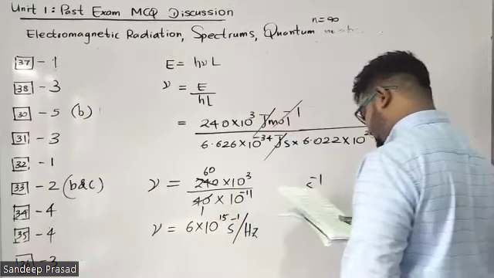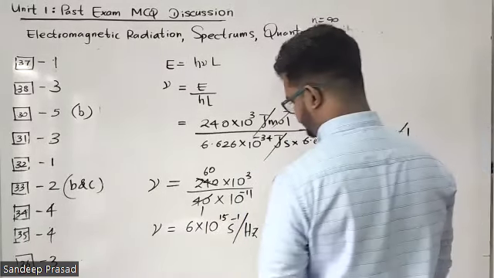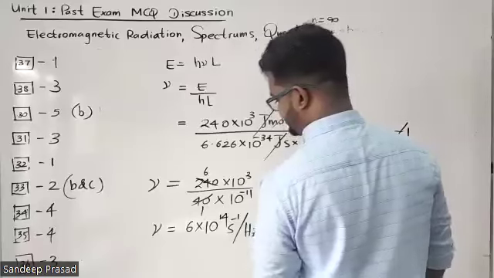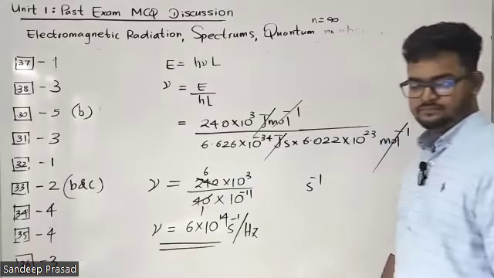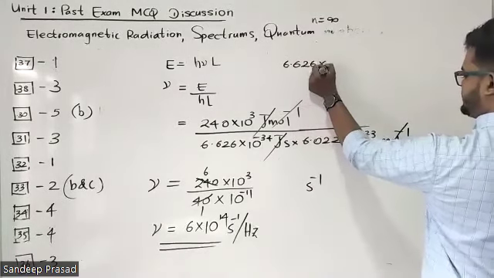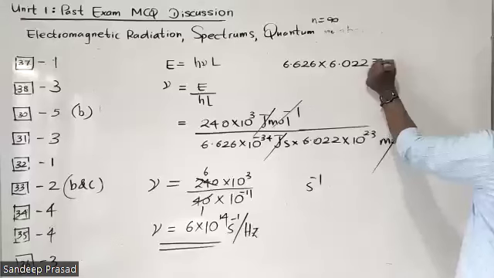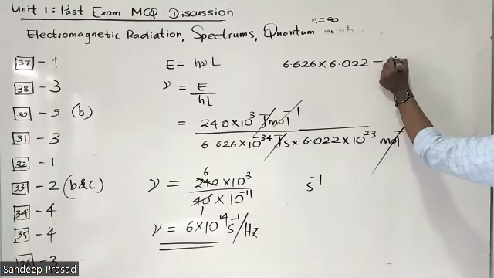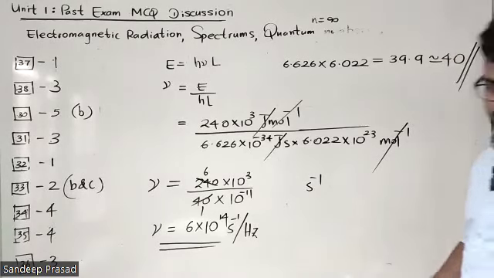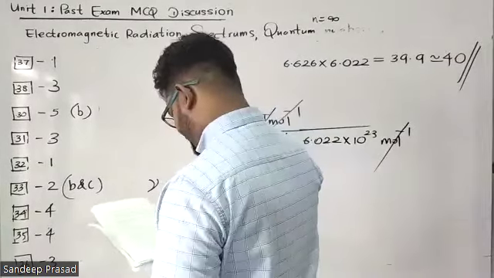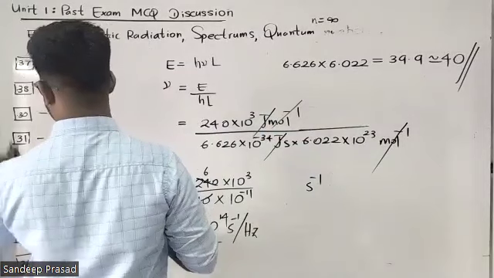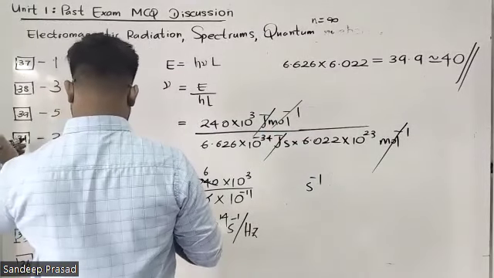Have they given this answer? Here the answer is 6, so therefore 14. Yes, frequency is 6 × 10 to the power 14, right? In some MCQs, we can take this product 6.626 multiplied by 6.022 as approximately 40. We can take it like that. Then the answer is the fourth one.